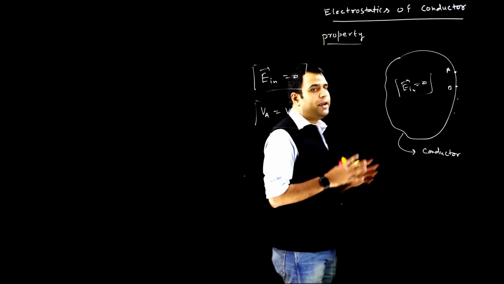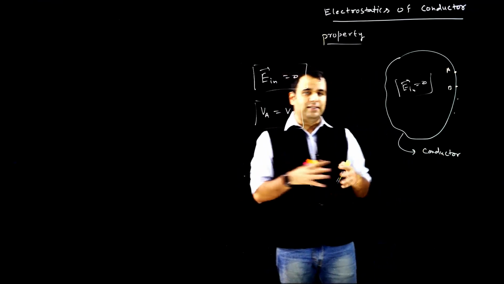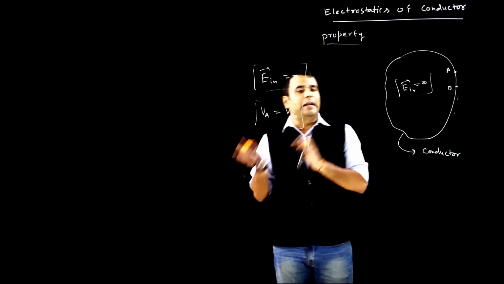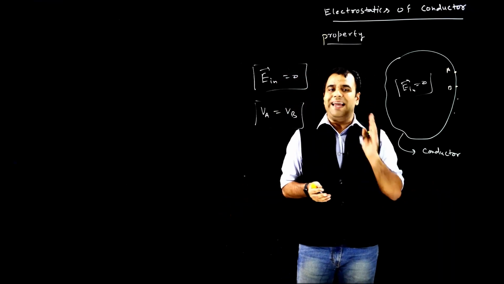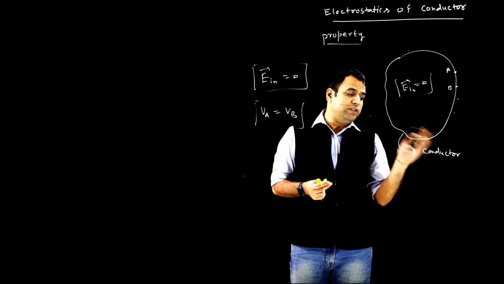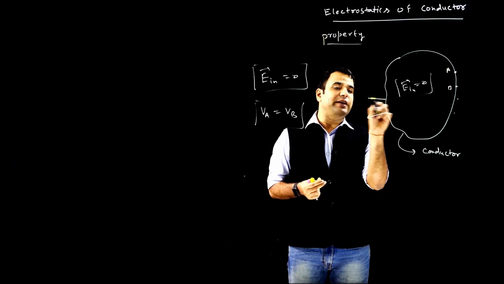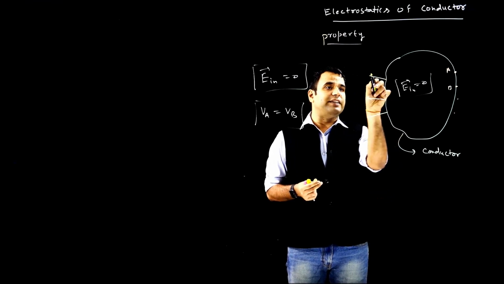So if there will be any electric field outside, there are 2 cases. There might not be an electric field, or there might be an electric field. If there is going to be any electric field just outside this conductor, that electric field will always be perpendicular to the surface.